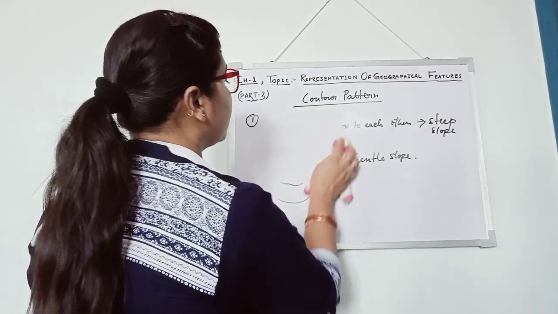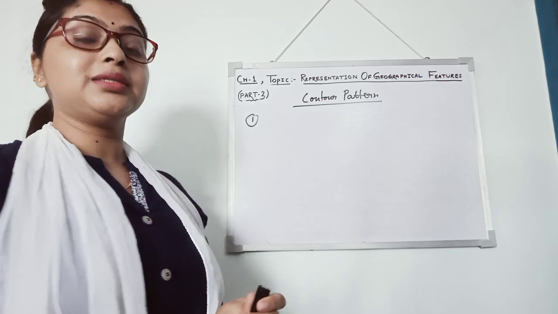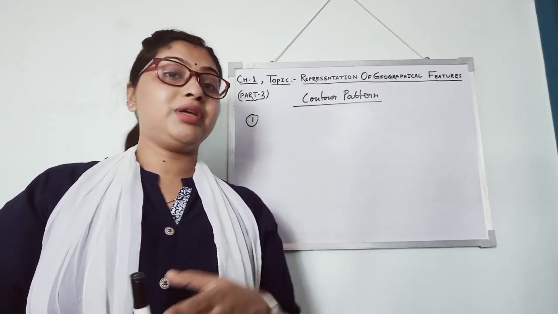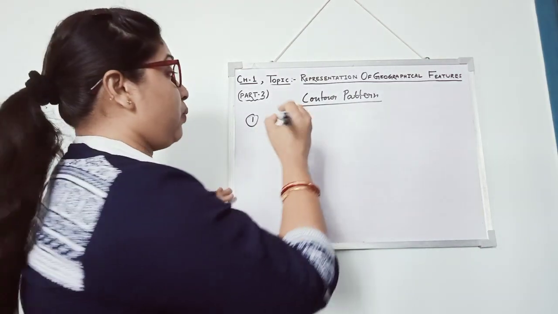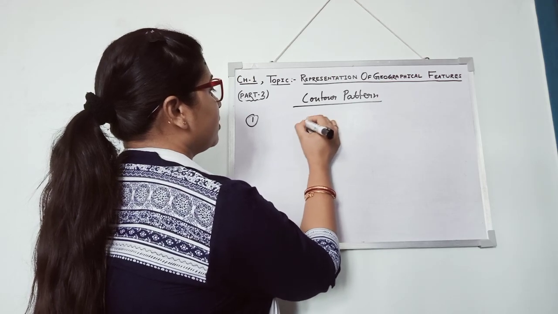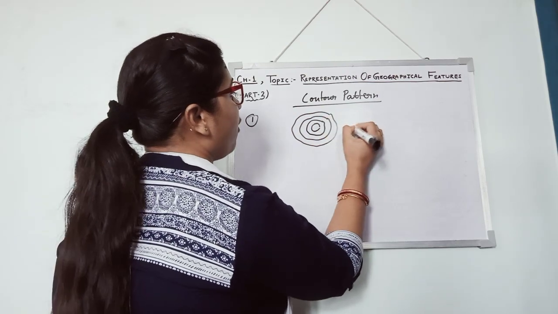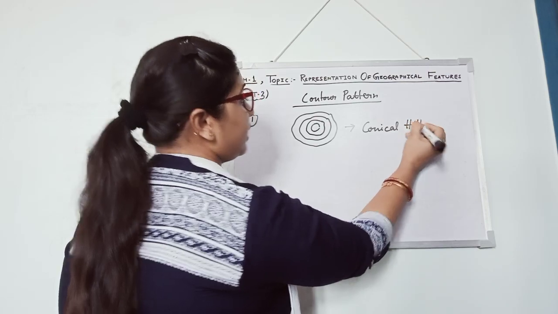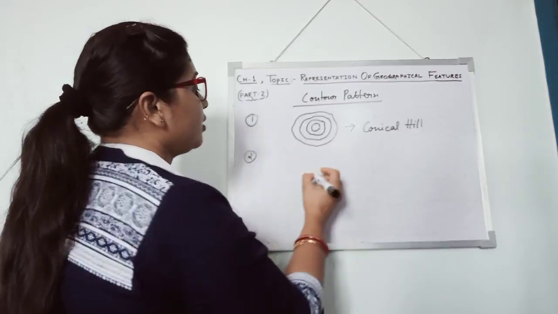Now, how by this kind of pattern can we understand the different kinds of landforms, meaning mountain, plateau, ridge and so on. Okay. So here, when the contour pattern is circular, they form a conical hill.